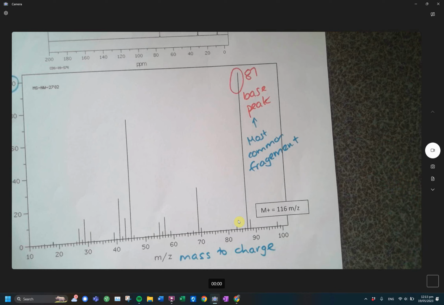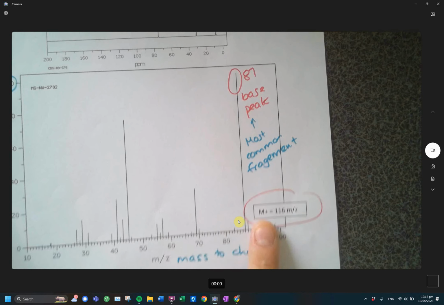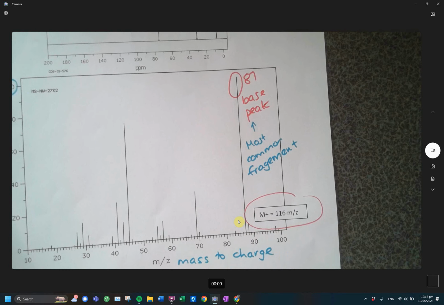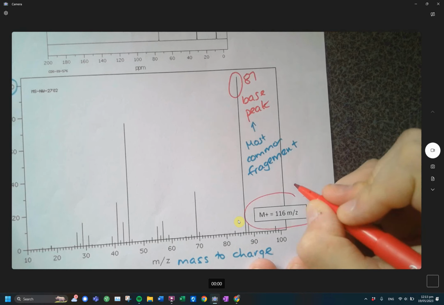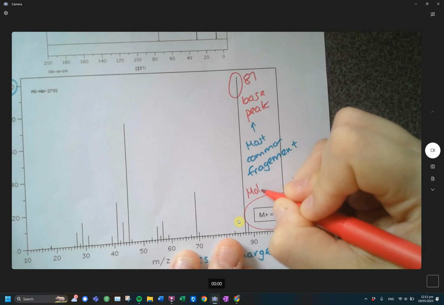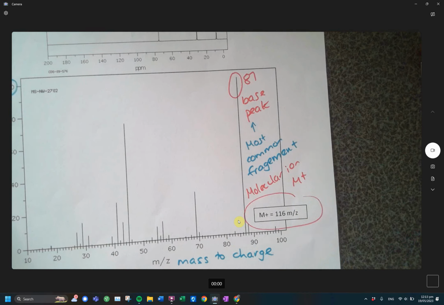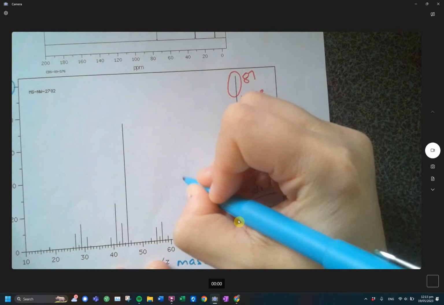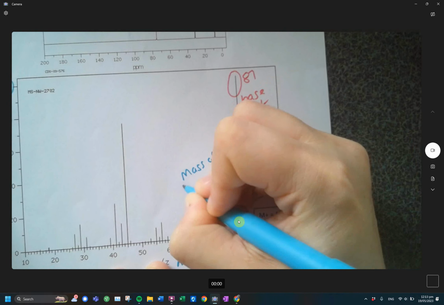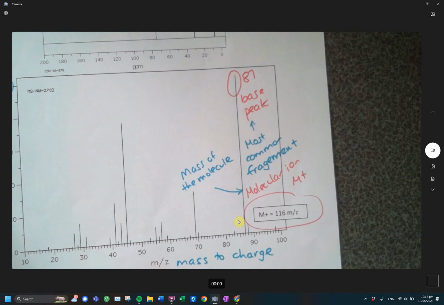In situations like that, I will tell you the molecular ion mass peak is that. That tells you the mass of the molecule, which is really useful information, because if you know the molecular formula, you know the mass.